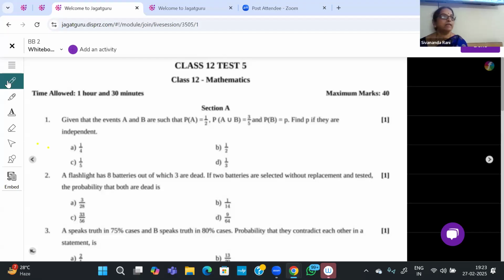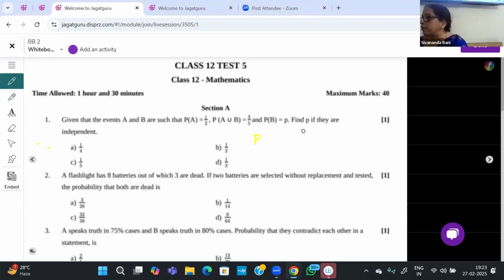Which theorem are you using? Someone has already done it? The answer is 1 by 5. Okay, Nishant got 1 by 5. Let's check.